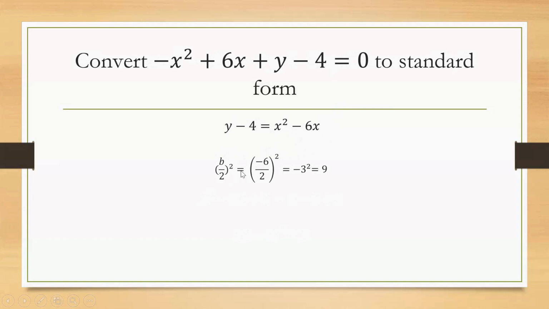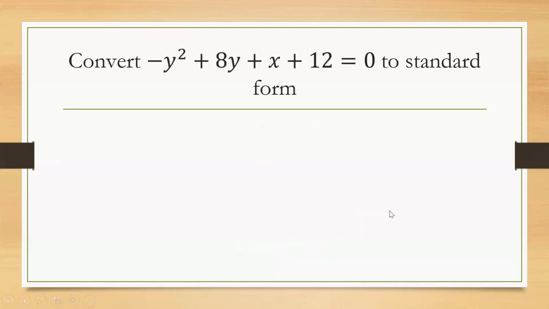Get the value of b, which is -6. Divide that by 2. That gives us -3, and then we square that to give us 9. So we add 9 to both sides of the equation. And then if we compute this, we get y plus 5 equals x minus 3, and then squared. Simple as that.